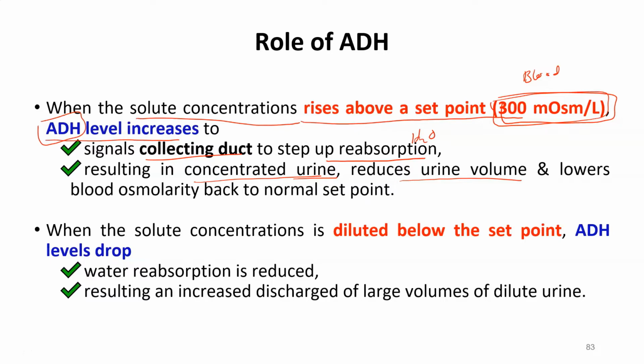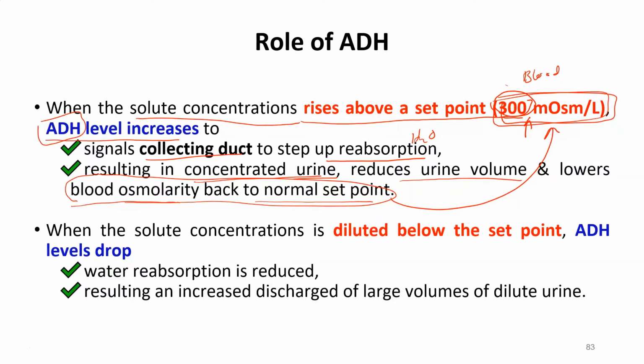Okay, and produces concentrated urine, urine with low volume, and lowers blood osmolarity back to the normal set point. So if blood osmolarity increases above 300, so this will happen. Okay, so this is to make sure that the normal blood osmolarity will be achieved back.